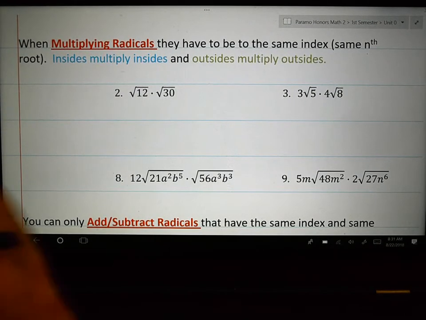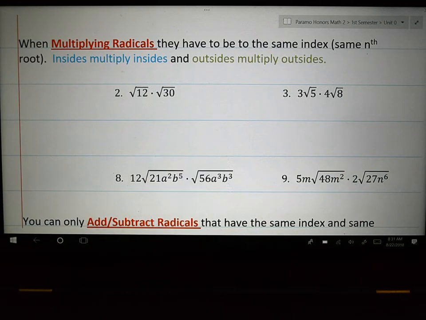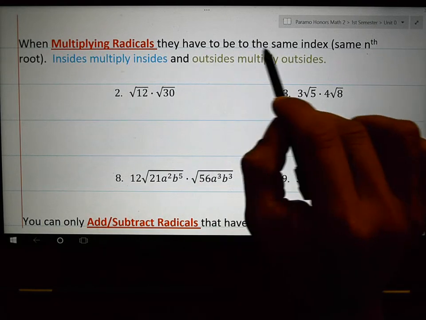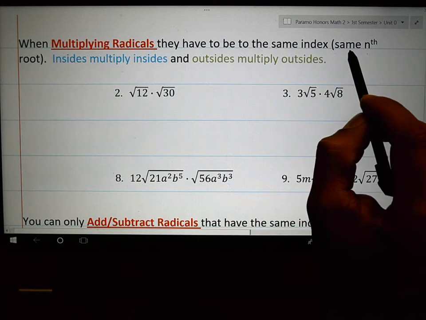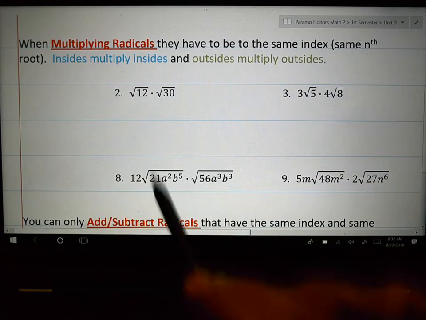So let's look at some examples. I picked out number 2, 3, 8, and 9. When multiplying radicals, they have to be the same index. What that means is square roots can only multiply other square roots. Cube roots can only multiply other cube roots, and so on. So that's why it says they have to be the same index, or otherwise known as the same nth root.